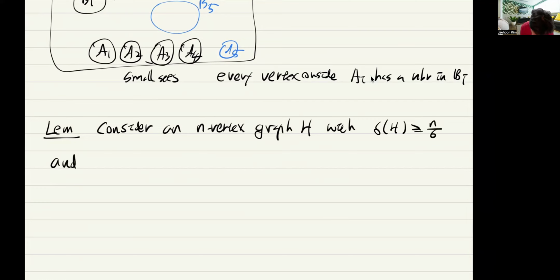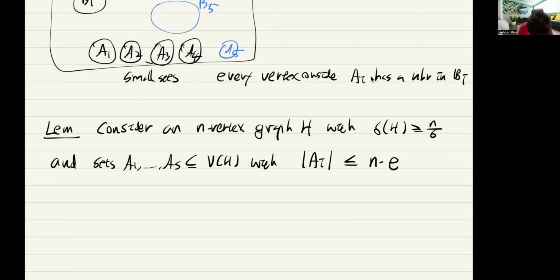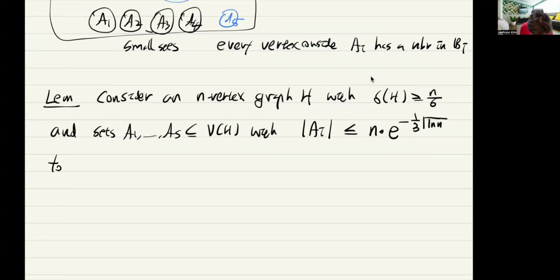Let's say you have vertex sets A1 to As, and each Ai has small size, at most n times e to the negative one third square root of log n, for all i. And let's say the number of such sets is at most n over square root of log n.